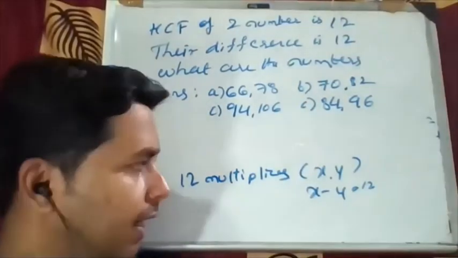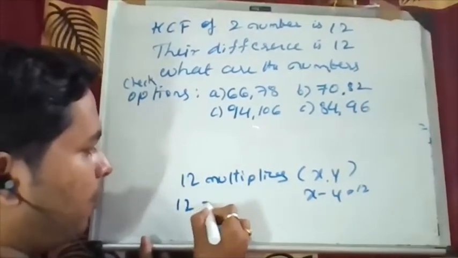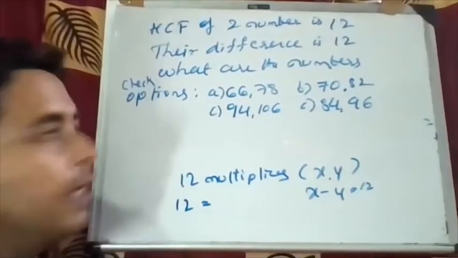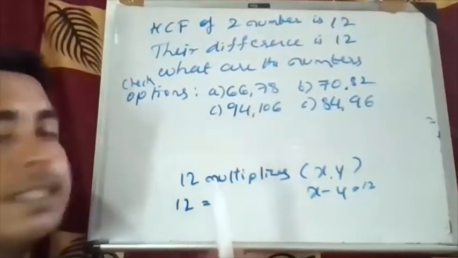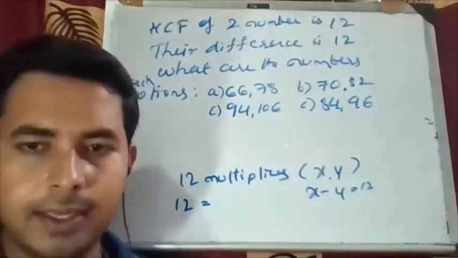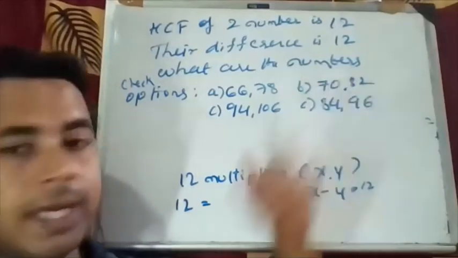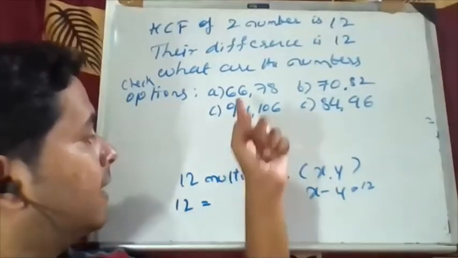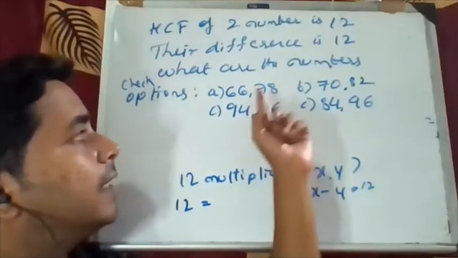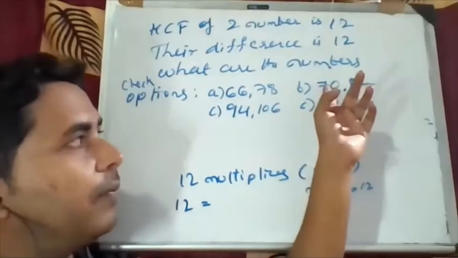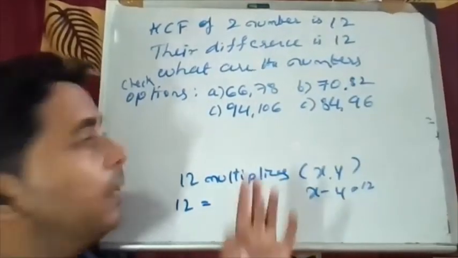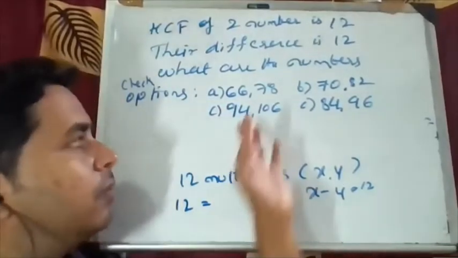So सिर्फ मुझे क्या करना है? 12 का multipliers देखो. 66 12 से नहीं कटेगा, and 78 भी नहीं जाएगा, and 70 also not divisible by 12, 82 also not, 94 also not, 106 also not.